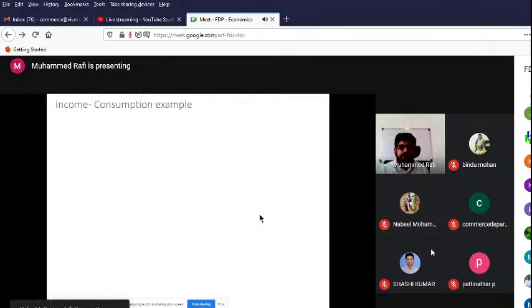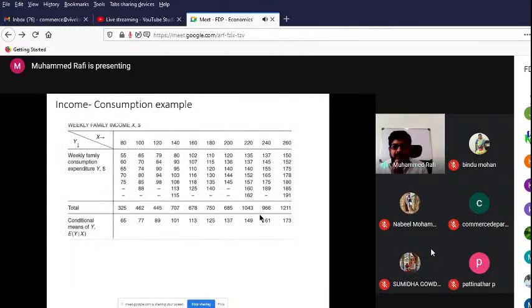Now, I'll give you an example of income and consumption. We would like to estimate the relationship between income and consumption. Suppose you have data for some 60 families. You have data on income and consumption, and you would like to estimate the autonomous consumption and the marginal propensity to consume, or the beta 0 and beta 1.